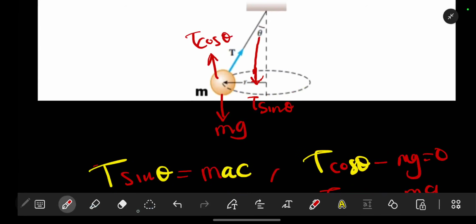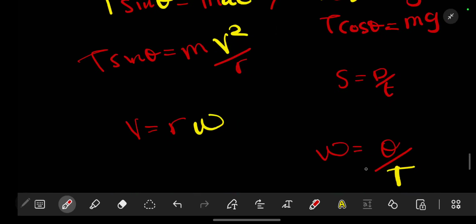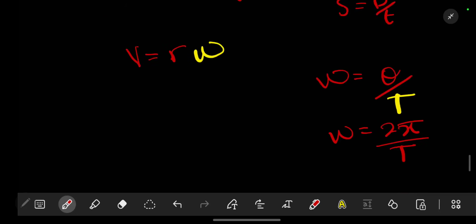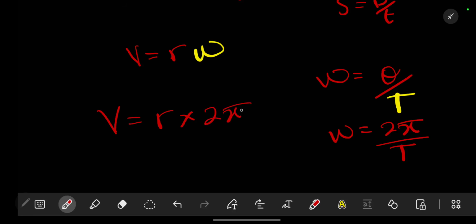Since it is making a complete circle, the angular displacement is 2 pi. So this theta will be 2 pi over the period, like that. So this is what we have. So we are going to say the velocity is equal to r times 2 pi over the period, like that. So we have everything.